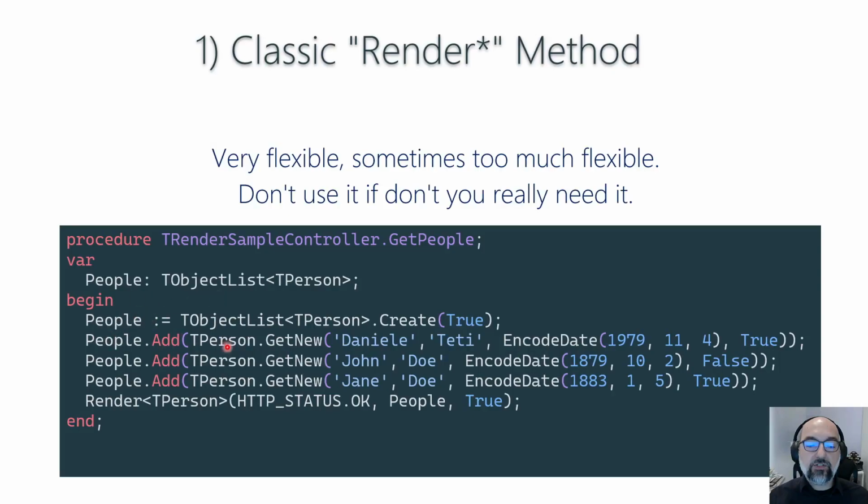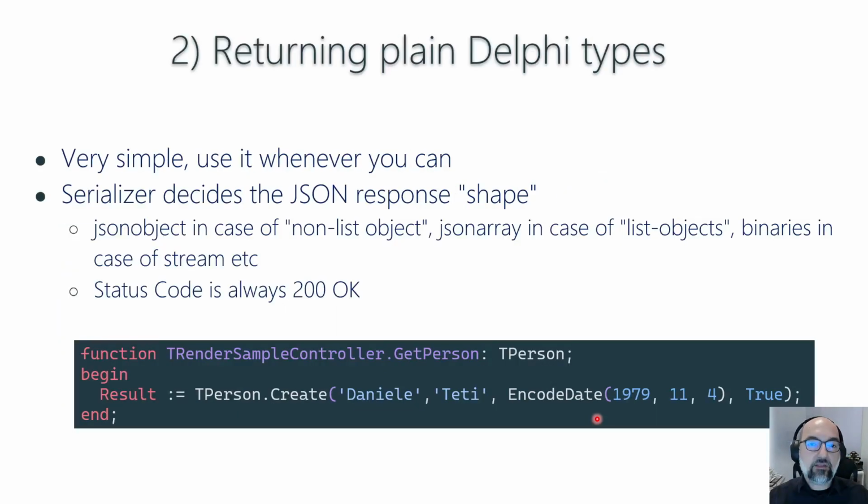You have an object list, just populate it, and then render it using this way. This is one way to do the render. This is probably the simplest way to do it, which is very simple, and use it whenever you can. The serializer decides the JSON response shape, because if it is a normal object, a non-list object, it just returns a JSON object.